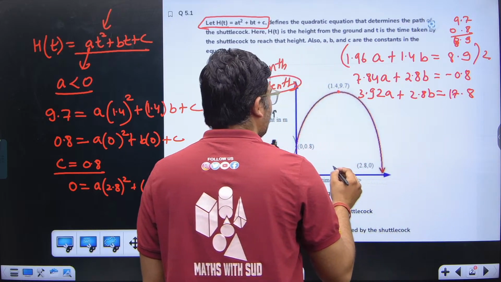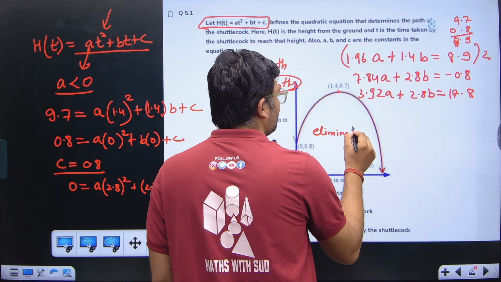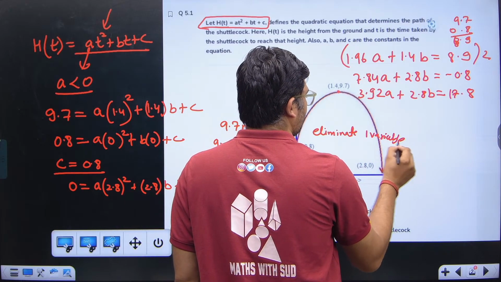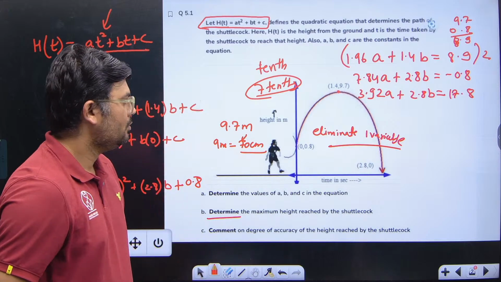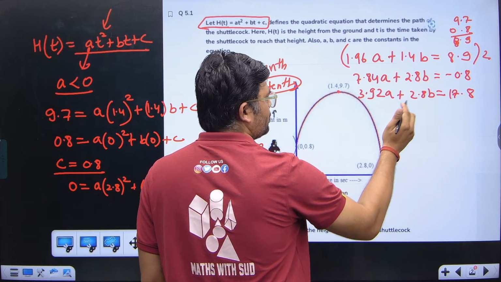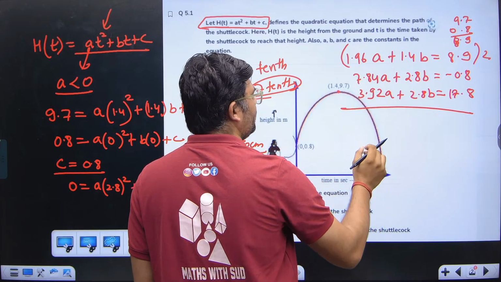So what I am doing is trying to eliminate one variable, any one of the variables. If you eliminate it, then you can find the other. So I eliminated B. Now I will subtract: 3.92 and 7.84.